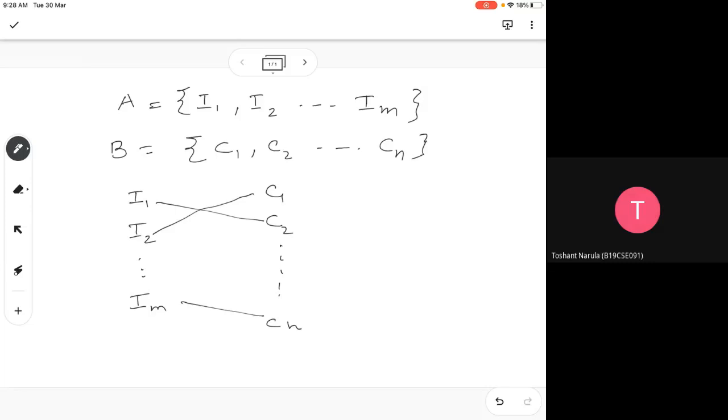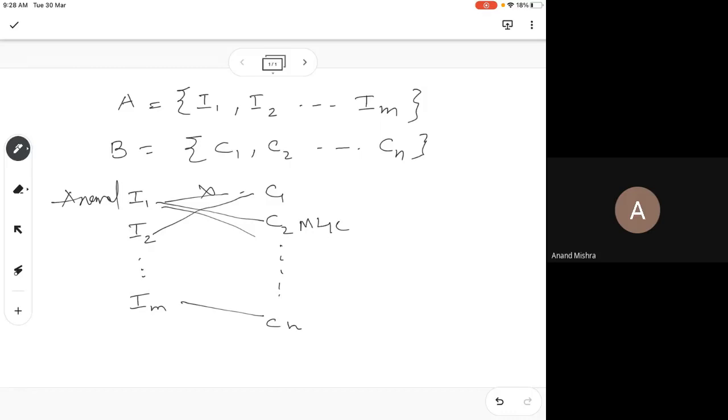Every instructor will not be teaching every course. Yes, every instructor will not be teaching every course. I'm just teaching M4C this time, and I'm not teaching any other course. So it's not a fully connected graph. Therefore, these connections will not be there, so this is not a fully connected graph.